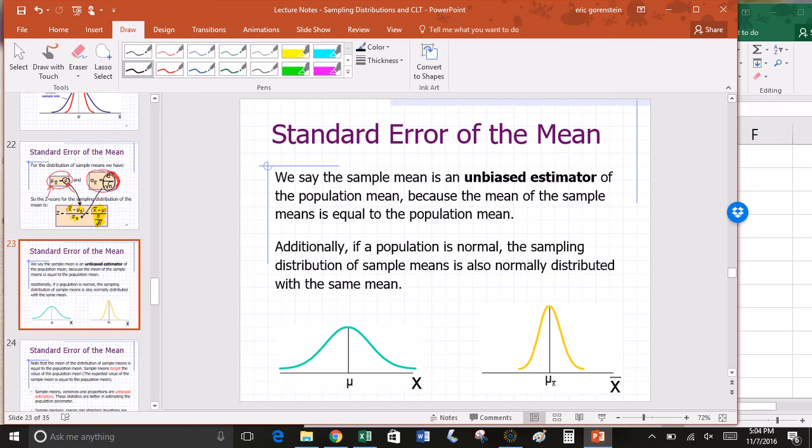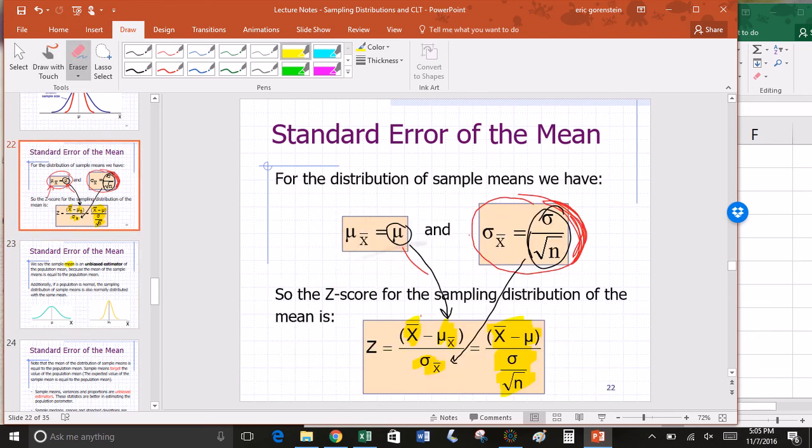Now, going back to this idea of unbiased and biased estimators, which we talked about briefly earlier in the course, we say a sample statistic is unbiased if it estimates or targets the value of the population parameter. In this case, specifically for the mean, we say the sample mean is unbiased because it targets the population mean. That's what's going on here.